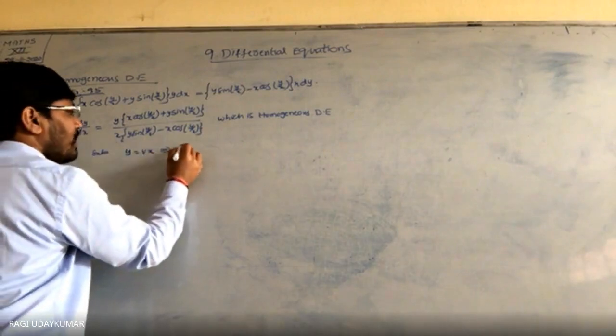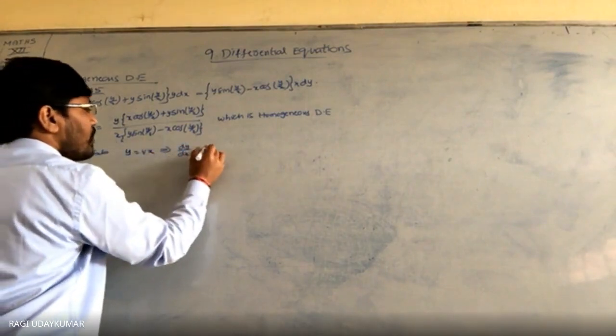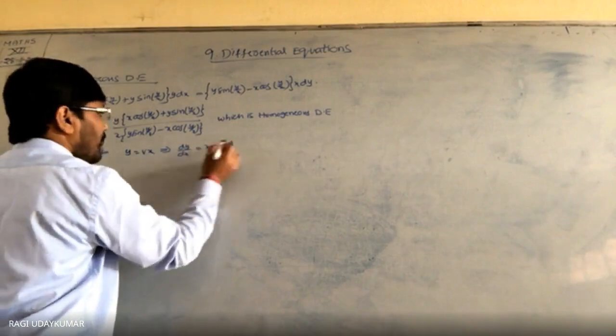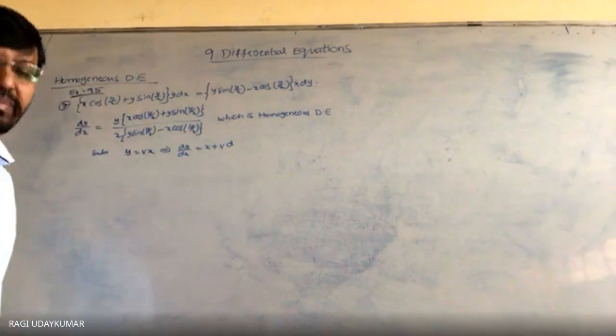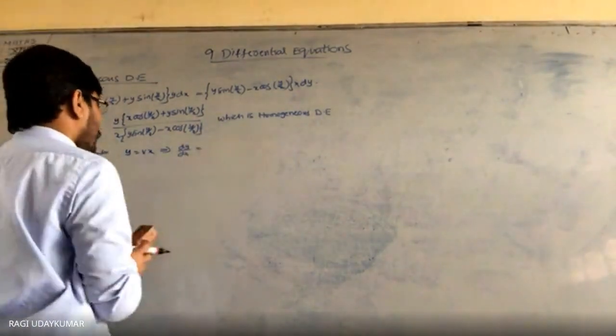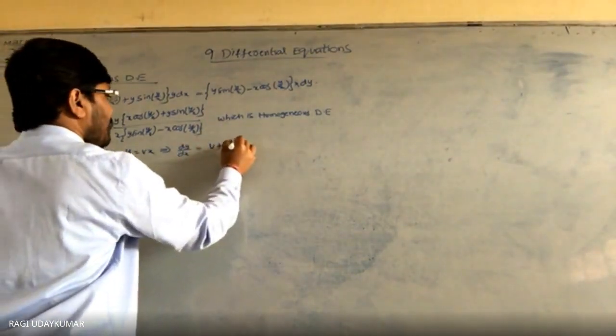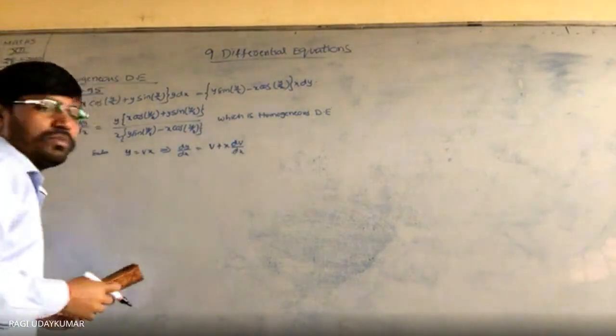So it implies dy by dx is equal to v plus x dv by dx.